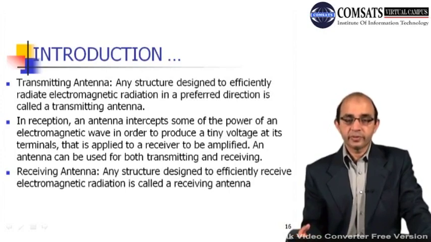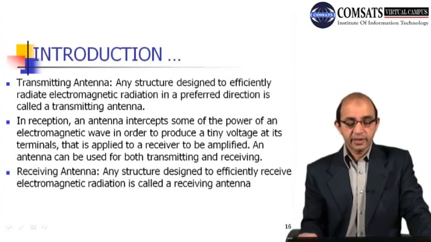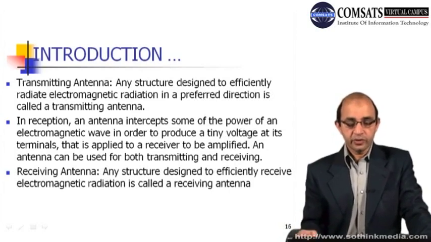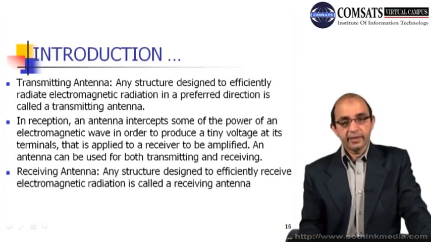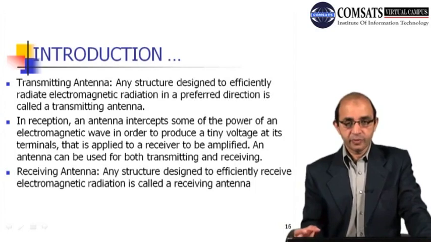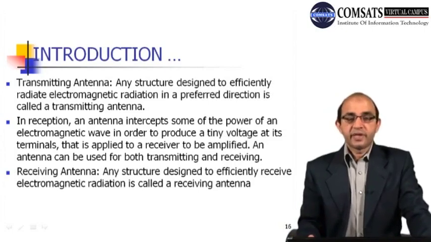It's not possible to receive all the power, so we try to receive the maximum power and convert it into voltage at its terminal, which is applied to the receiver. Because the signals become weaker, we amplify them. We can also have a transceiver performing both transmission and reception.